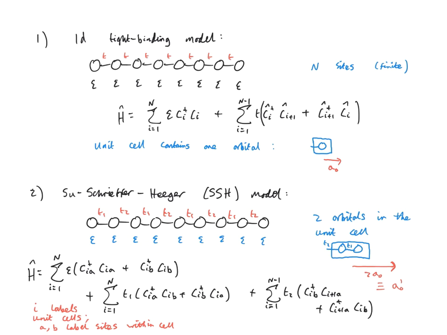And we'll also see something funny happening in the SSH model, depending on whether the chain terminates at the end with either a strong or a weak bond. That has something to do with topology. We won't discuss that in this lecture. We will just do the brute force calculation and see what we get. Okay, so let's take a look at that now.